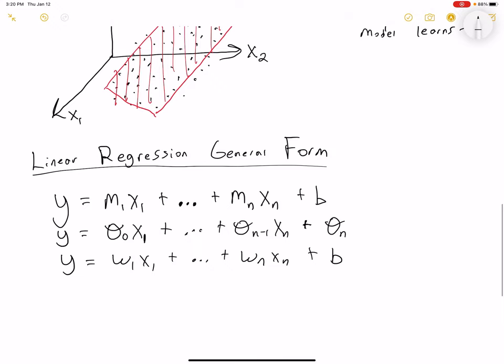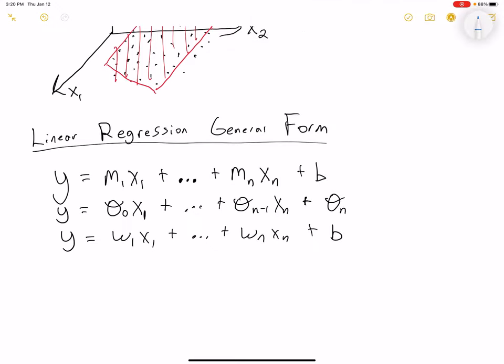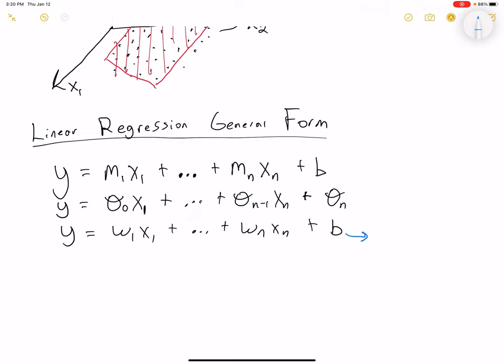But just so you're familiar with terminology, I'm sorry, this is lots of terminology at the beginning, but I want to make sure that when you read machine learning textbooks as supplemental material to this class, you're familiar with the vocab that they use. It's often big words for simple concepts, so we just need to get past that and then we can get to the fun stuff. So this b is called the bias, and these w's are called the weights.